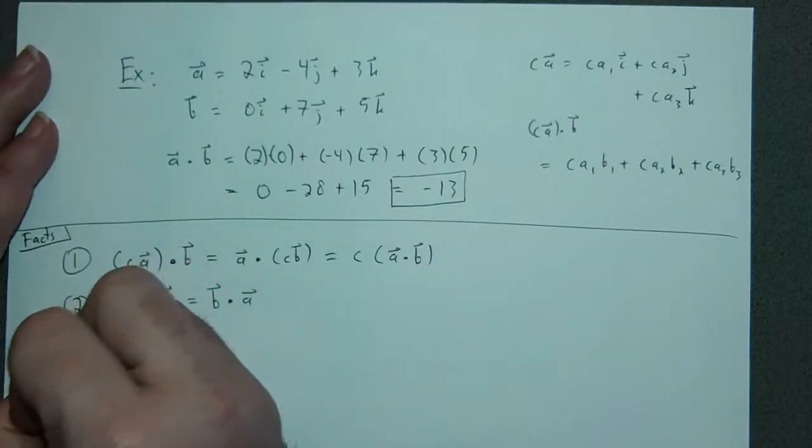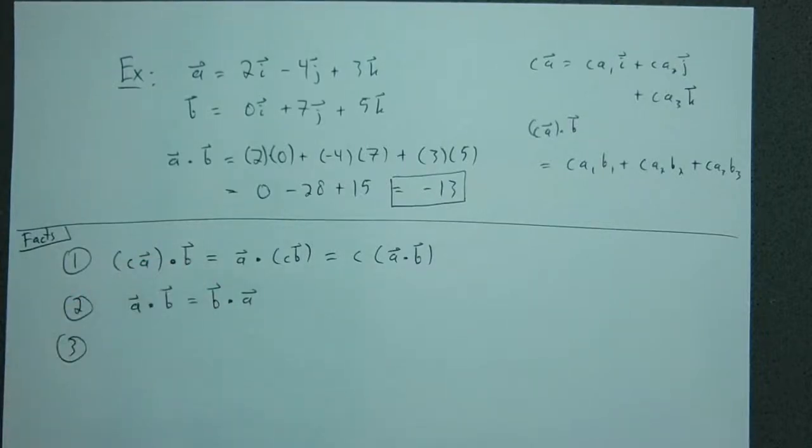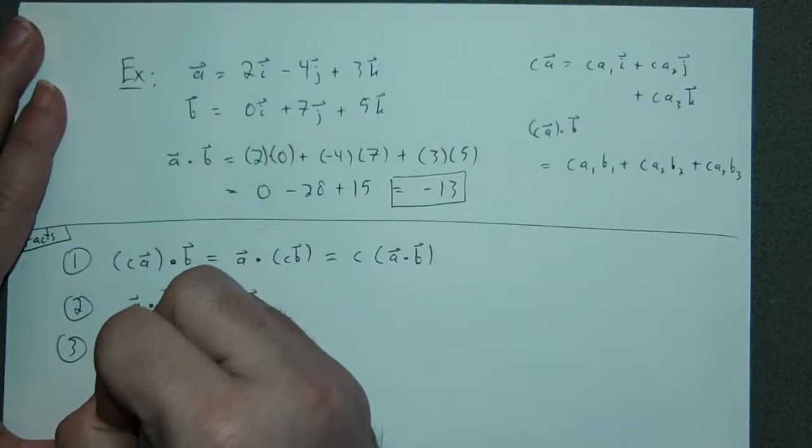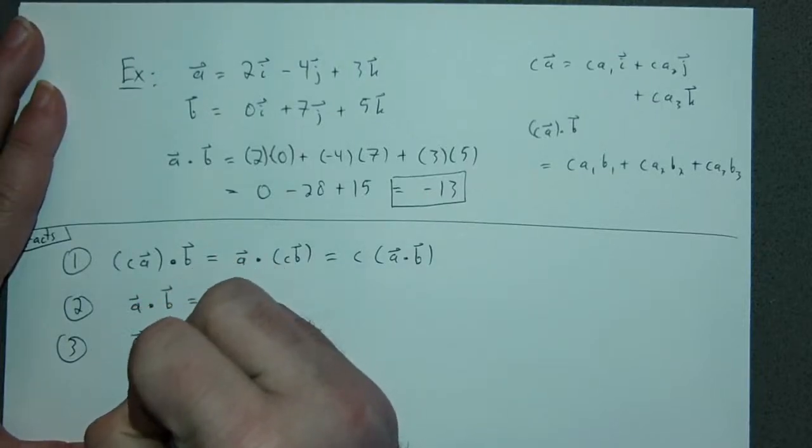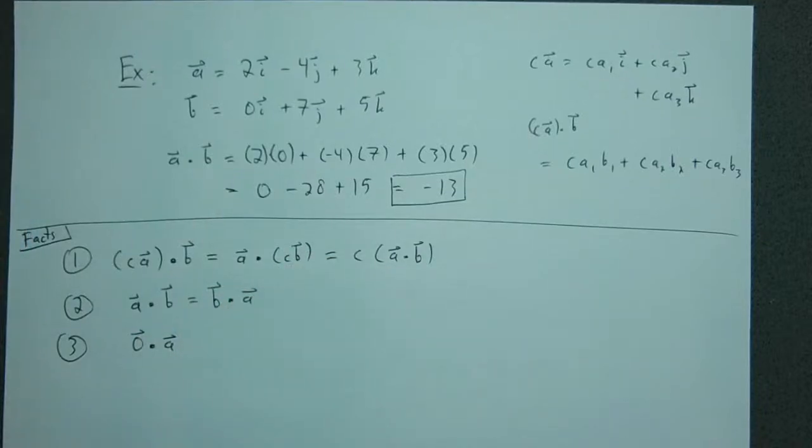Okay, next. What if I dot a vector with the 0 vector? Well, just immediately you see, the 0 vector has 0 in each component.